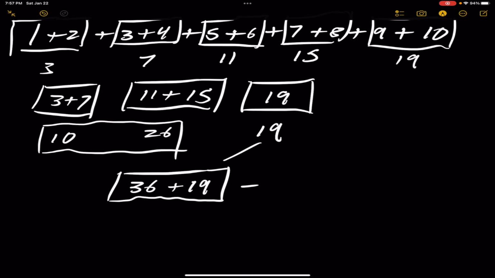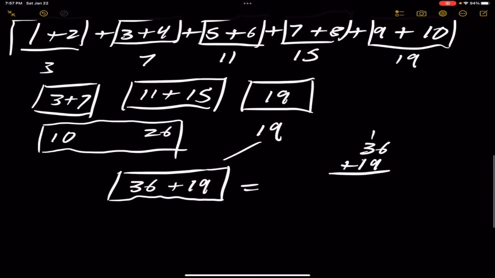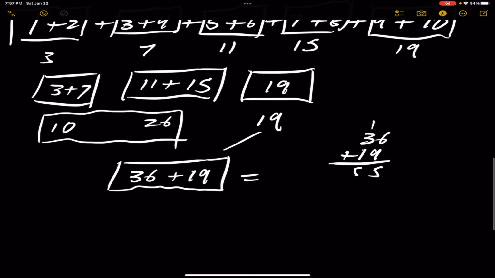And then you get the answer. Let's do it like this so we can show that everything is working the way it should. 36 plus 19 is 55. And you have the answer 55. So there you go.